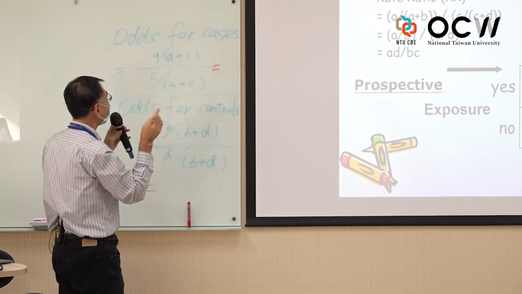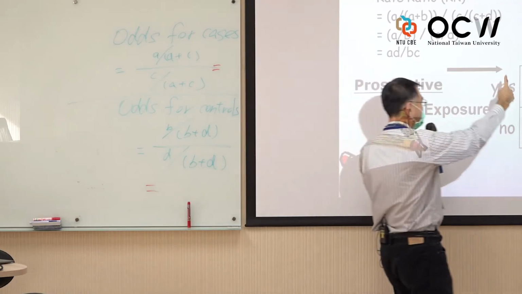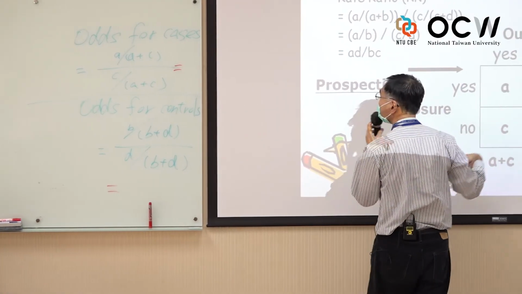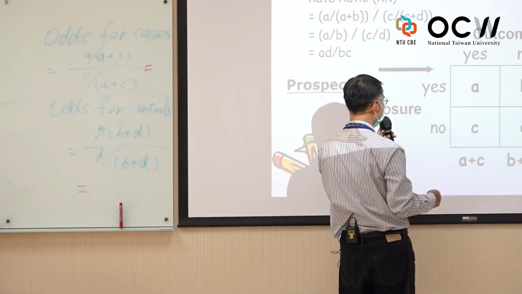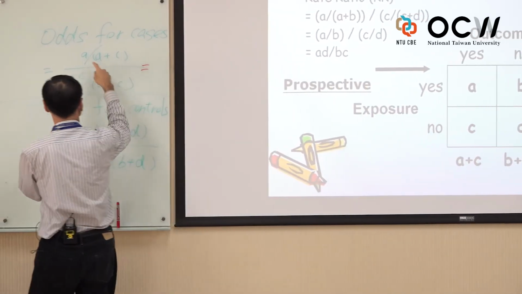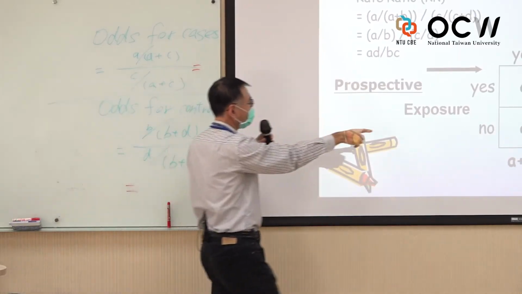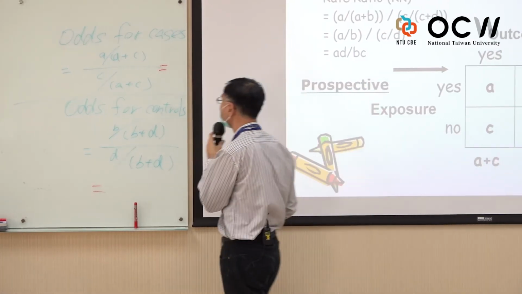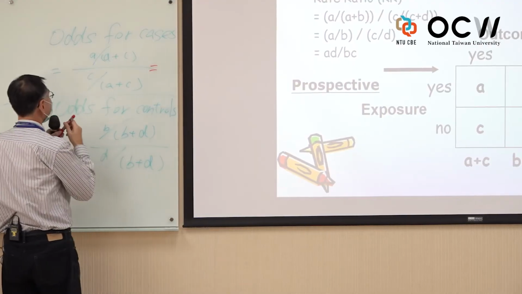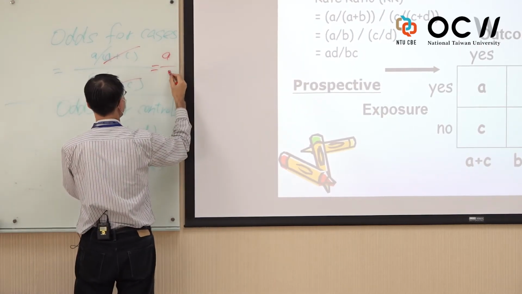Anyway, so now if we want to calculate the odds of the exposure for cases, A divided by A plus C, right? And for the controls, B divided by B plus D. So it's exactly the same here. So it's A divided by C, right?